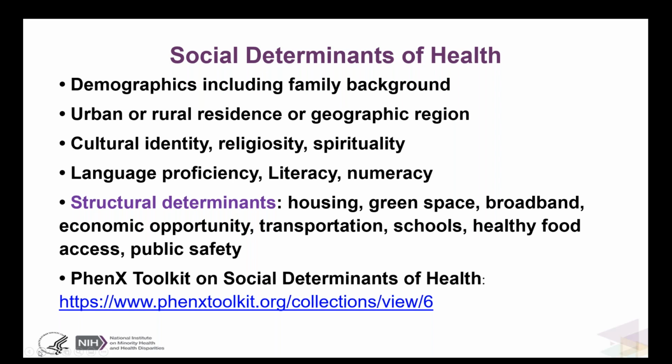We have a page on that on our website now. We endorse a core set of measures as well as a secondary or specialty set of measures. And we encourage all investigators to use these standardized measures in order to be able to have better comparisons across studies. We plan to continue this work and collaborate with our colleagues at NIH to continue to expand this set.